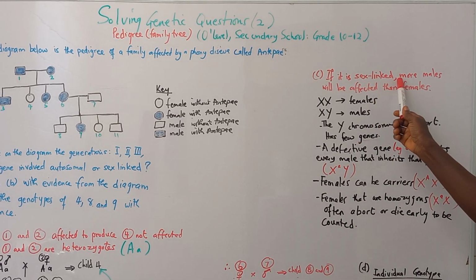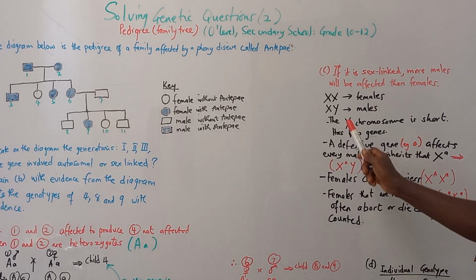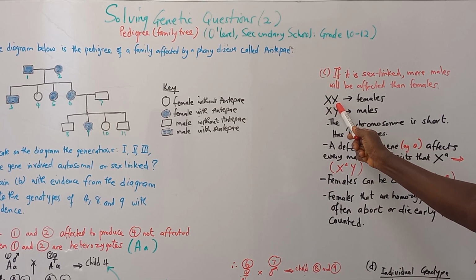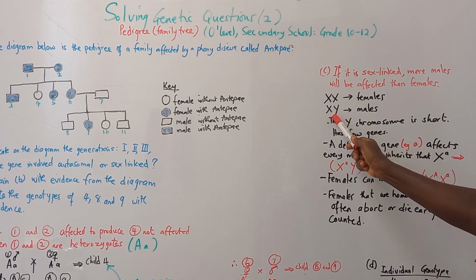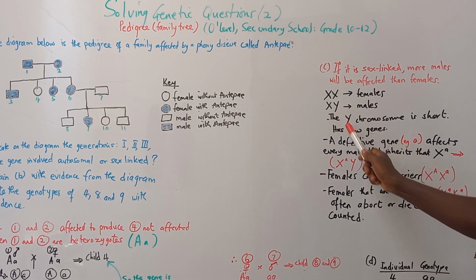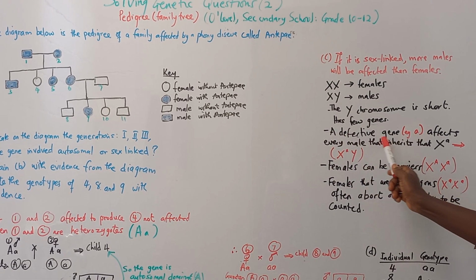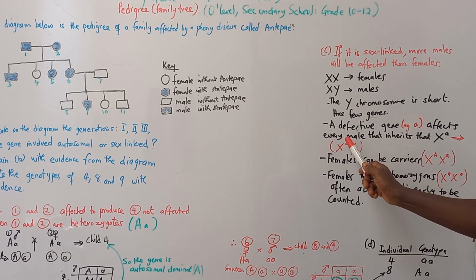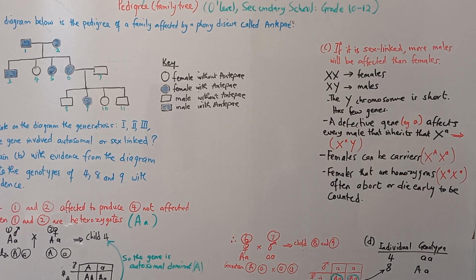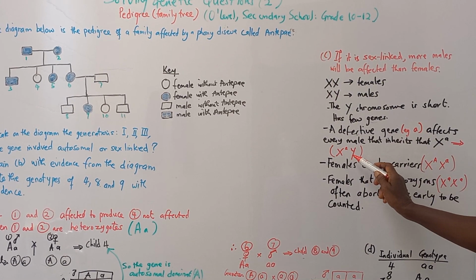If it's sex-linked, as I said, more males will be affected than females, because this is the chromosomes for females, this is for males. The Y chromosome is short, so very few genes are found on it. Now, a defective gene like gene A, if it appears on an X chromosome, then it affects every male.